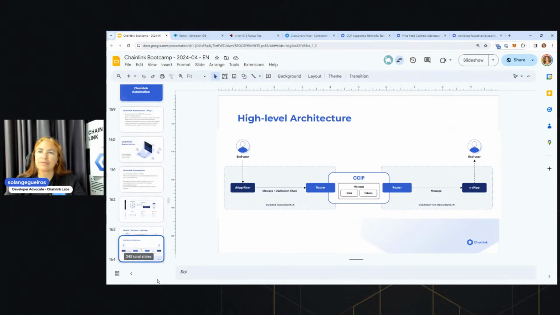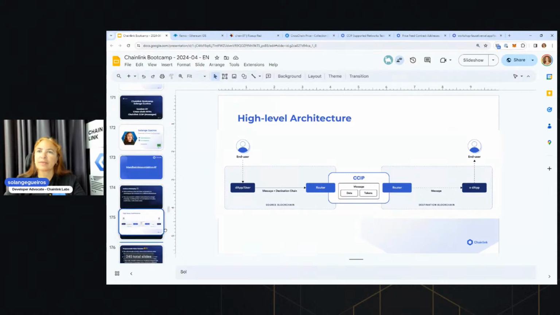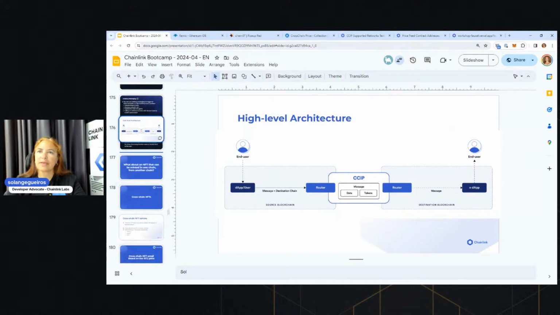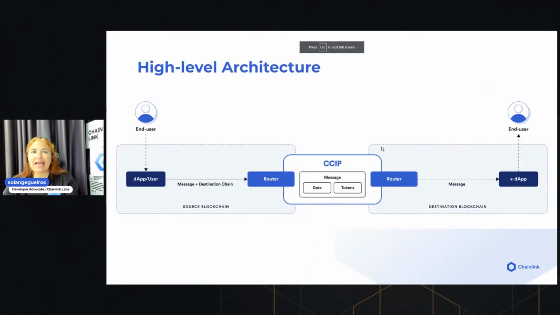Almost done, almost done. Okay. Let's add this here. So remember that we are starting at the end, okay? We are here. We already created an NFT. We are creating this now, the destination minter, this application on the destination.